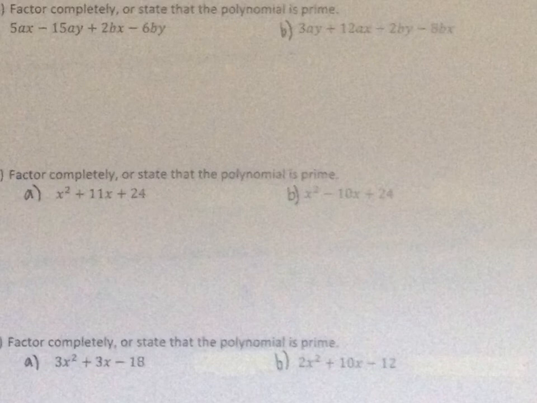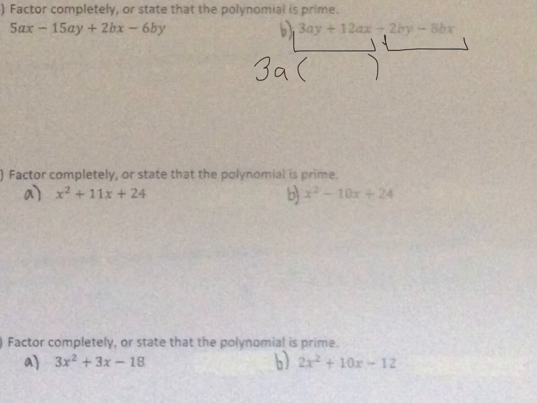All right, so we're going to group together the 3ay plus 12ax and the negative 2by minus the 8bx. So, doing that, we look for a common factor within each group. So we're going to factor out 3a from both terms.